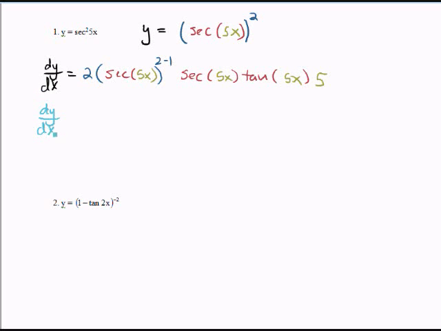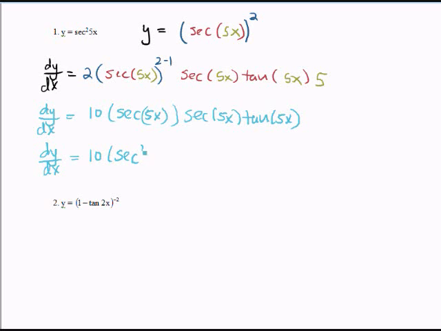So our derivative is 10 secant 5x times secant 5x tangent of 5x. These two are the same, so we can multiply them and square it. 10 secant squared 5x tangent of 5x.